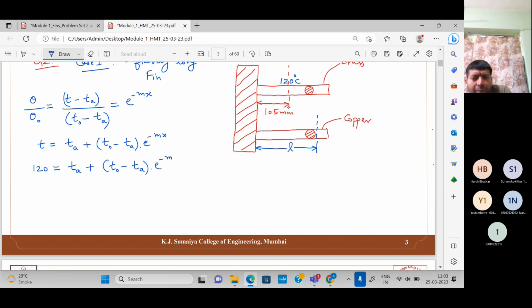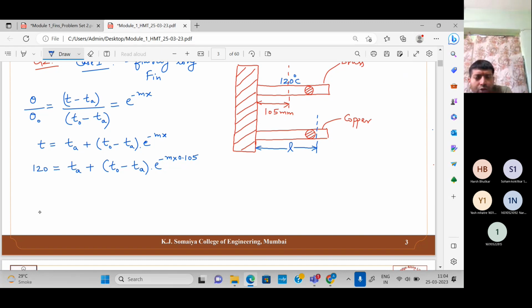At 105 mm distance, the temperature is 120 degrees Celsius, and 105 mm means 0.105 meters. So this is the equation we have written for brass rod.